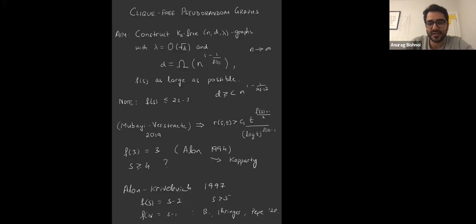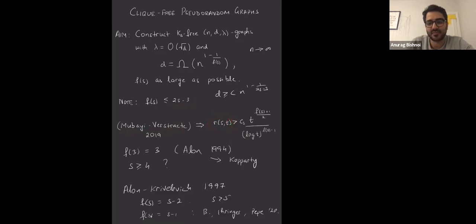I didn't do a proof of that. It was in the exercise, but I can probably post a solution so that you have an idea. But right now, because we know this result, you can see that this is the threshold because of the upper bound on the Ramsey number, right?